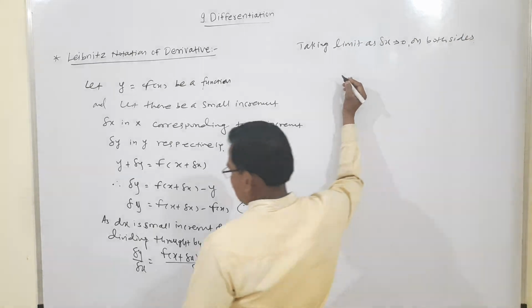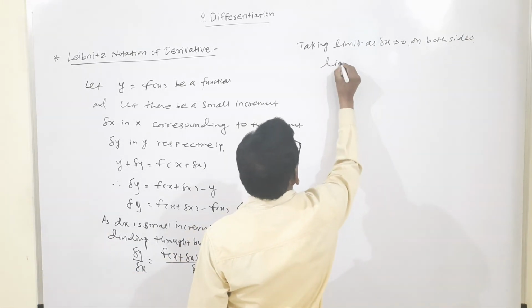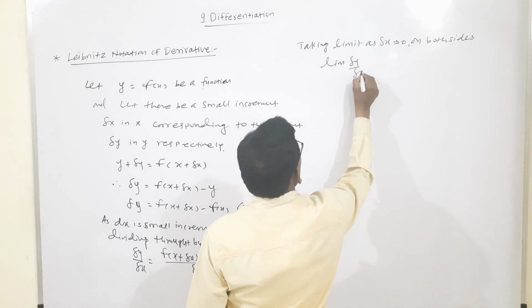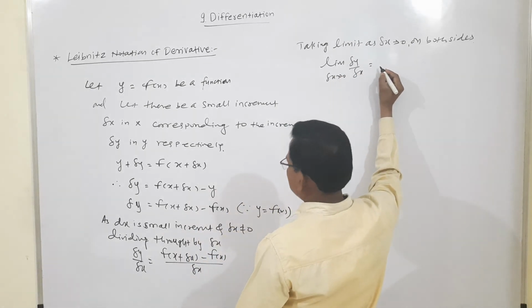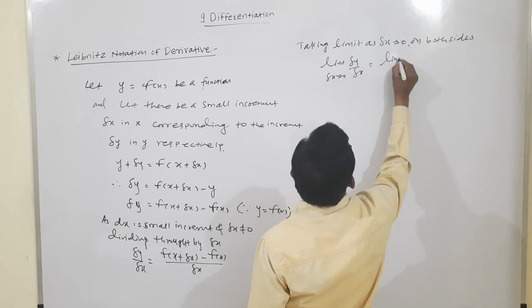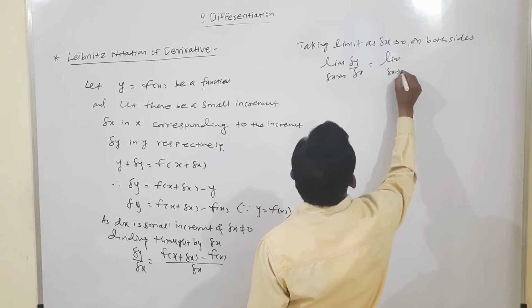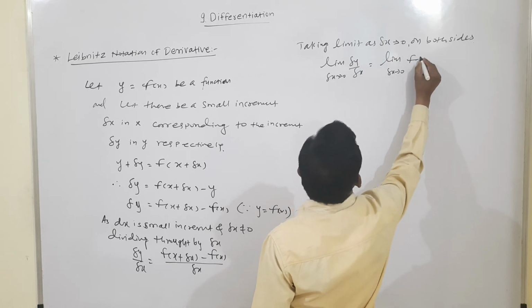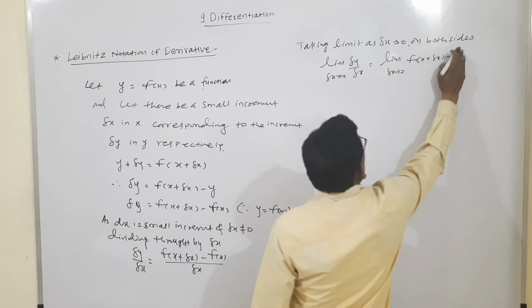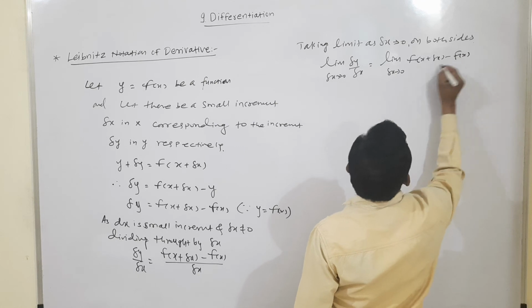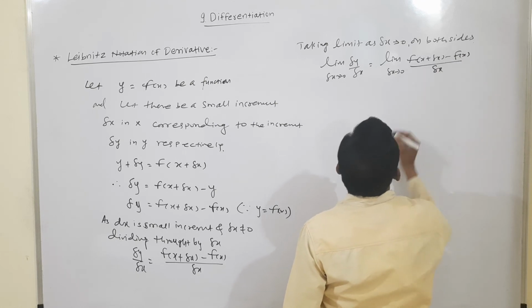So we get the limit of delta y upon delta x as delta x tends to 0, which equals the limit as delta x tends to 0 of f of x plus delta x minus f of x divided by delta x.